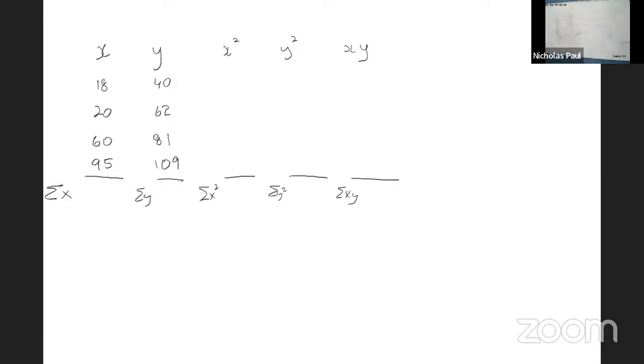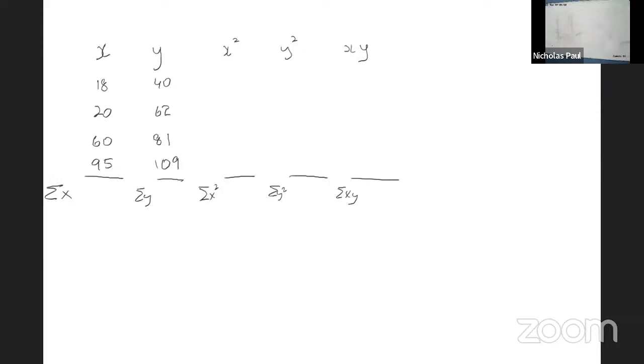I need some help. What is sum of x? I have no calculator, so please help. What is sum of x here? 193. Anybody else have 193 for the sum of x?